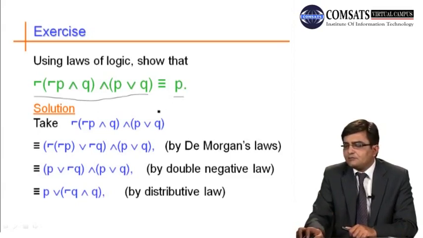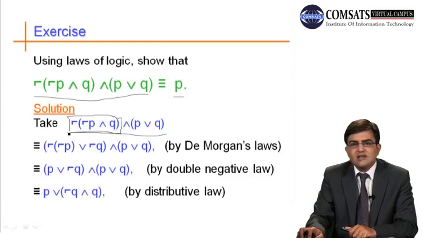For example, if we take the left hand side of the above equivalence, we can apply the negation here. Then by using De Morgan's law, as we have a conjunction here, we can apply De Morgan's law.